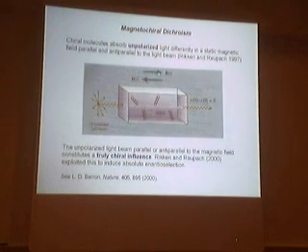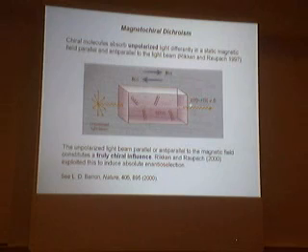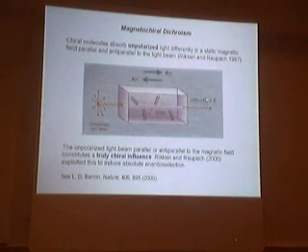If you have a magnetic field parallel to the propagation direction, you'll get a certain absorption coefficient. Reverse the direction of the magnetic field, you'll get another absorption coefficient, and they're different.